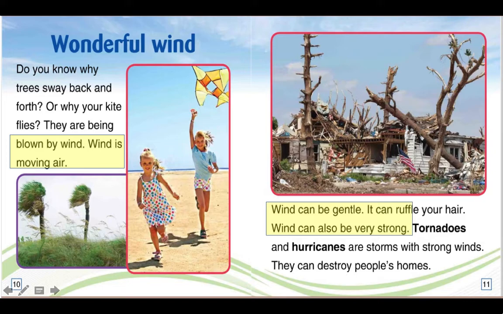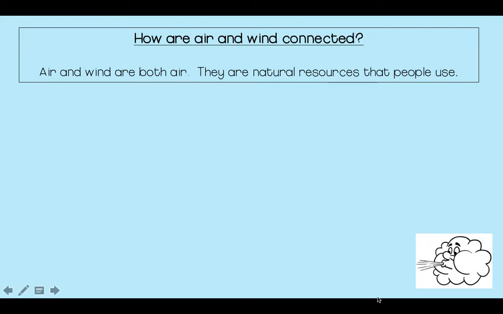Alright, so I want you to talk to your partner for a minute. We just read about air and wind. How are air and wind connected? Go ahead and pause and talk about that. Did you say that air and wind are both air, and that they are natural resources that people use?